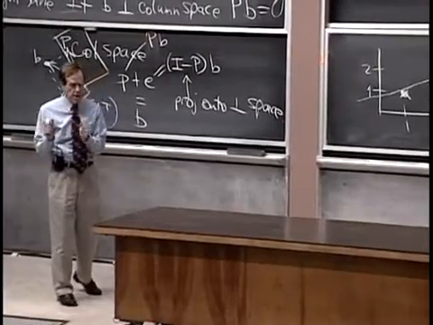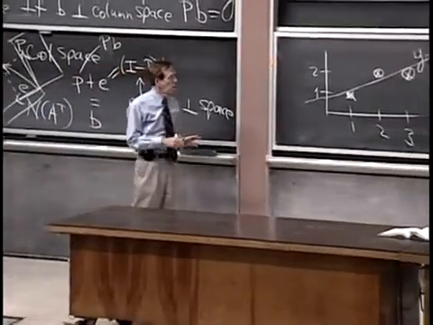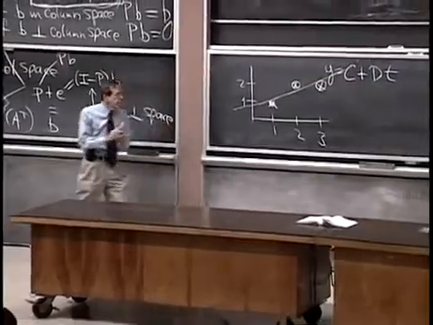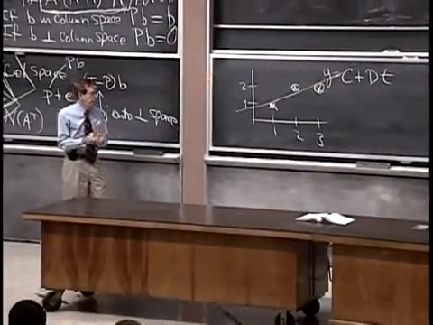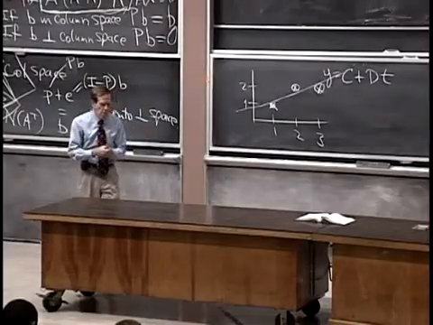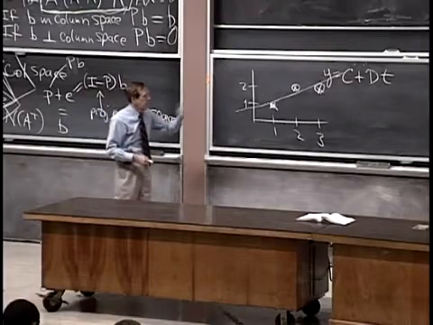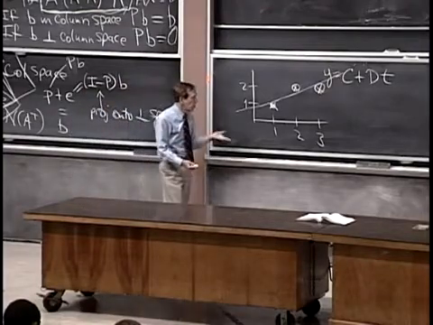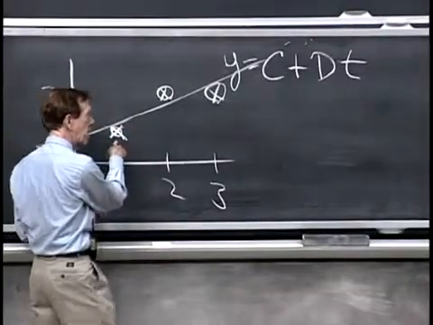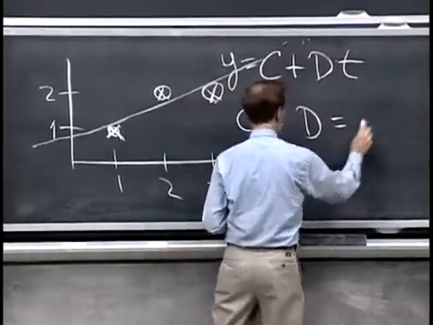Now, I have to tell you, what is that overall error? Because that determines what's the winning line. We have to decide what we mean by the error. And then we minimize, and we find the best C and D. Okay. So if I went through that point, I would solve the equation C plus D equals 1.